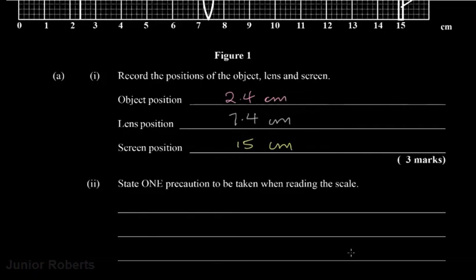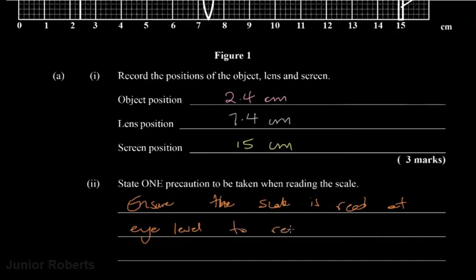We could say, ensure the scale is read at eye level, and this is to reduce parallax errors. Parallax error is a very common error, especially when you have to view something, because you have to position your eye at the right point so you can obtain your accurate measurement. Any questions?